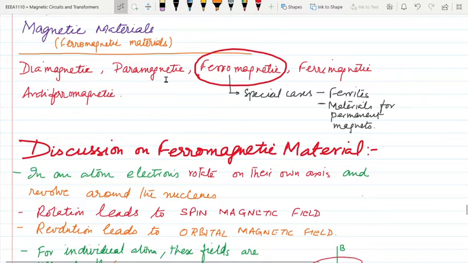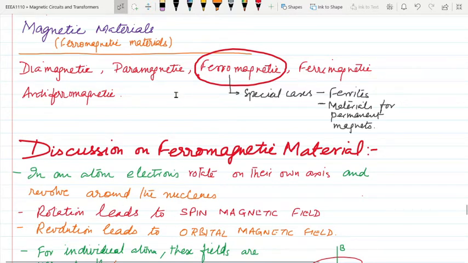In paramagnetic materials, the atoms will align along the magnetic field in the positive direction, but with very little strength. And in ferromagnetic material, what will happen we'll discuss later on in this discussion.